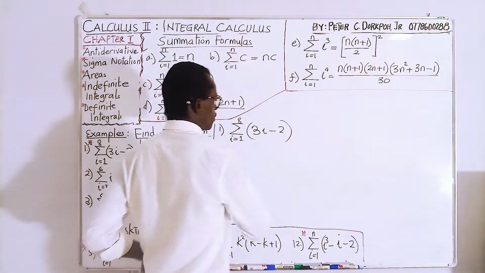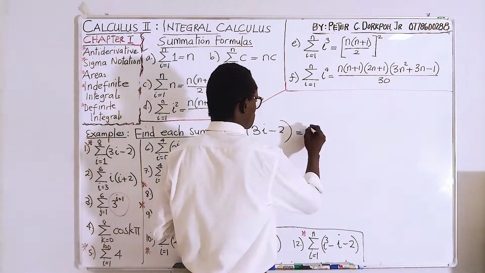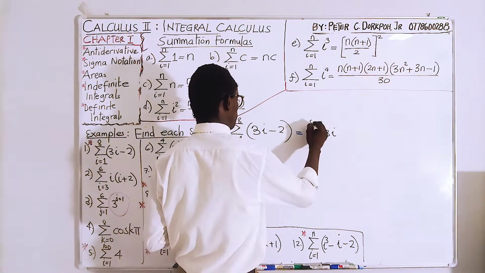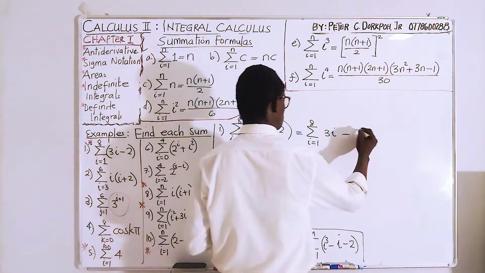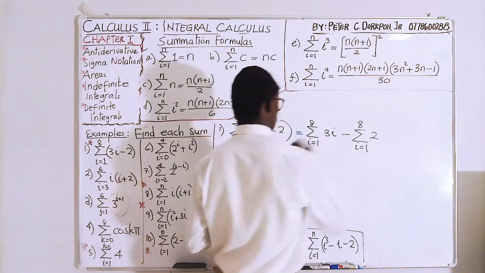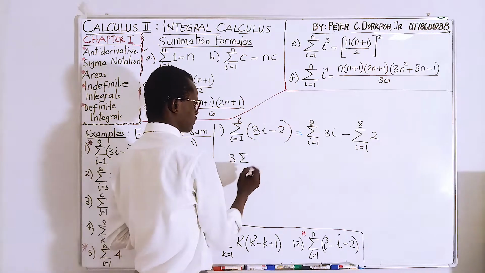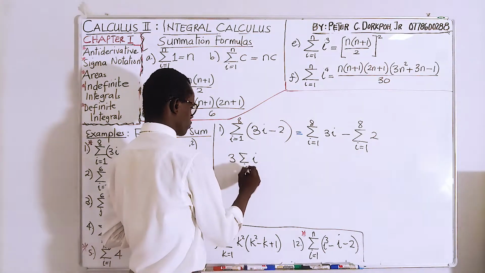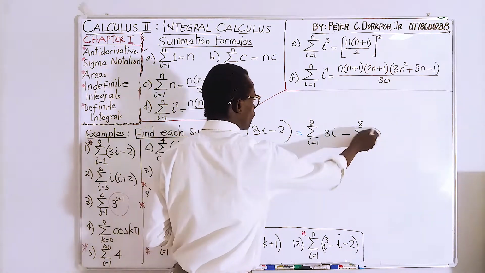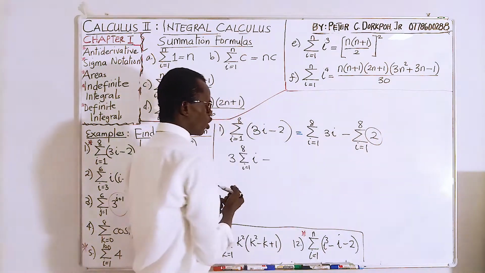So now, for this one, we have this equal to the summation of 3r as r goes from 1 to 8, minus the summation of 2 as r goes from 1 to 8. We bring this number behind the summation of r as r goes from 1 to 8, minus the summation of a constant, which just equals the constant times the upper bound.